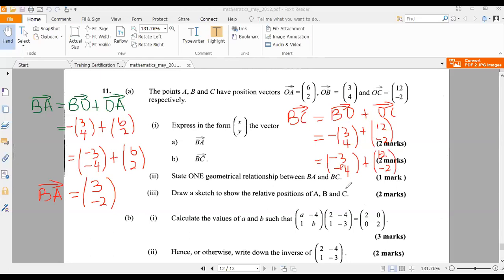When we work out this one, we are going to get negative 3 plus 12 will give me 9. And negative 4 plus this will give me negative 6. All right, so we get 9, negative 6. Everybody clear with that?